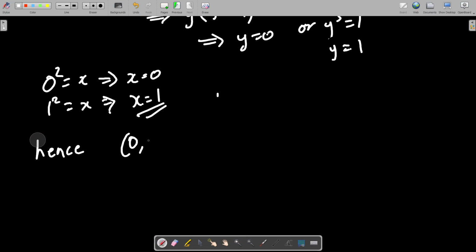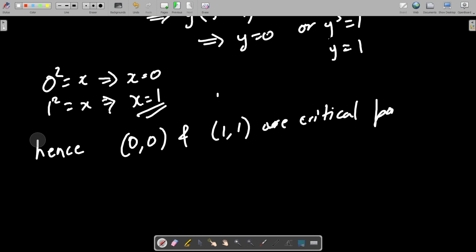Hence (0, 0) and (1, 1) are critical points.